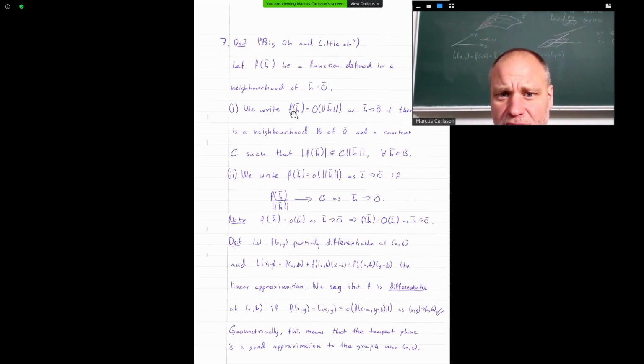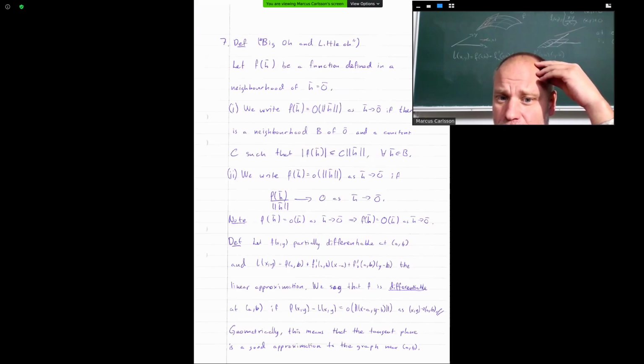So this function f is big ordo of h as h goes to 0 if, in a neighborhood of 0, there is a constant c such that the left-hand side is bounded by c times the norm of h.